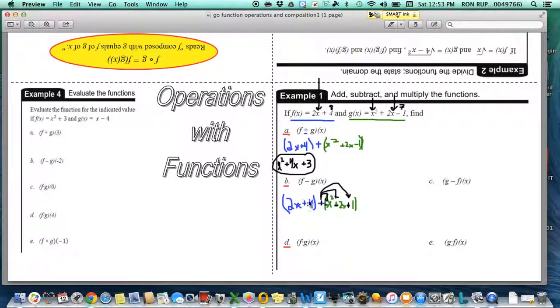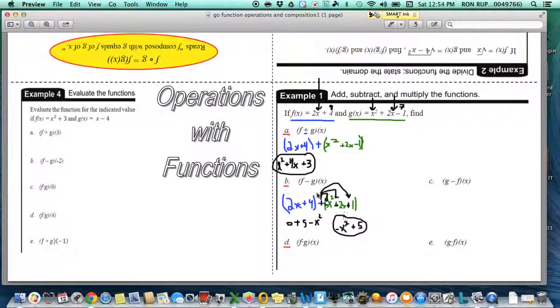So now I have 2x plus negative 2x is 0, and 4 plus 1 is 5, and nothing plus negative x squared is negative x squared. Again, that's the correct answer. Get in the habit of writing it in standard form. So negative x squared plus 5.